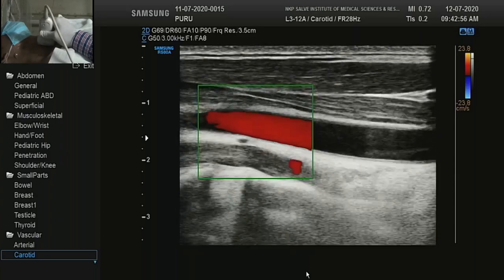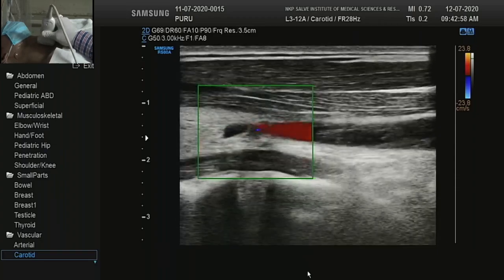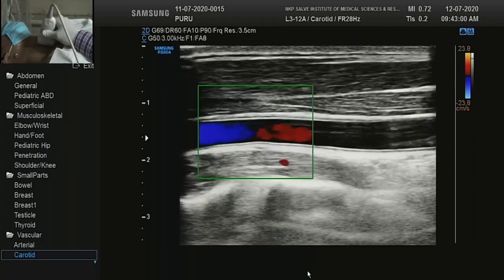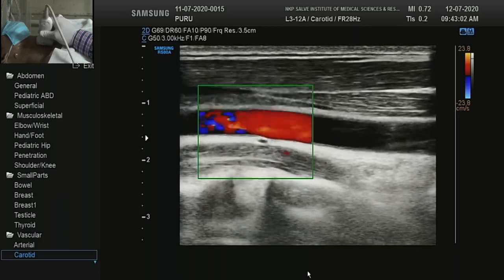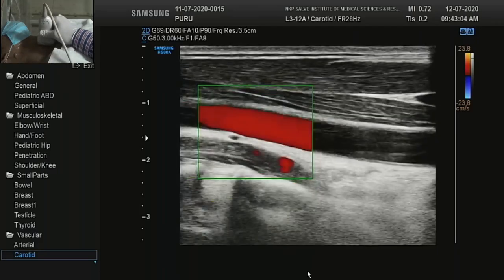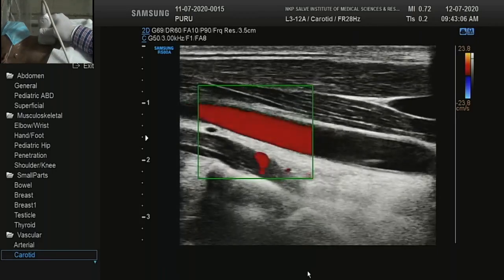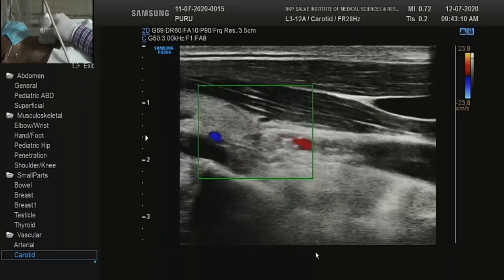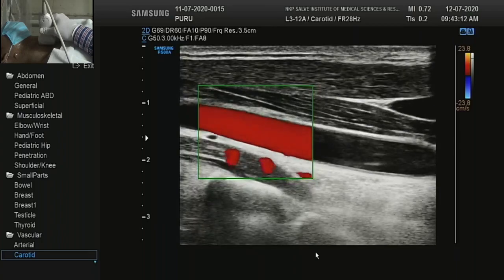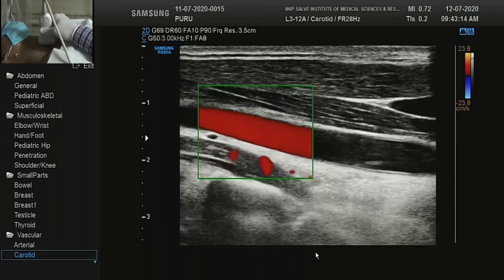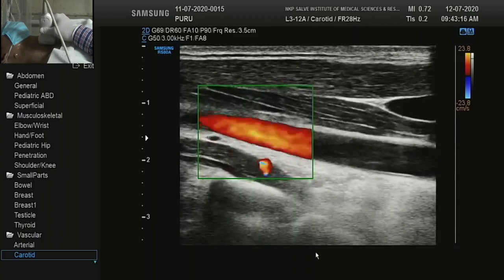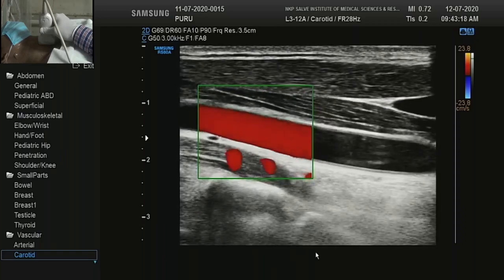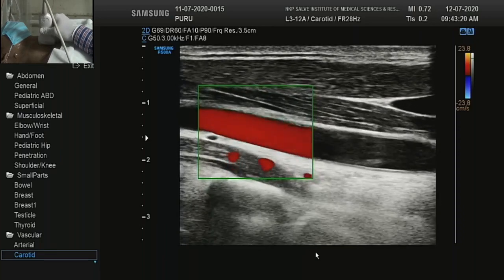So now, see, this artery was showing this type of flow and I have angulated my probe. Now the artery has made an angle with me, and you can see very nicely the laminar flow in the common carotid artery. And a little bit of yellow color in the center indicates the flow is a little bit higher in the center, and that is normal.